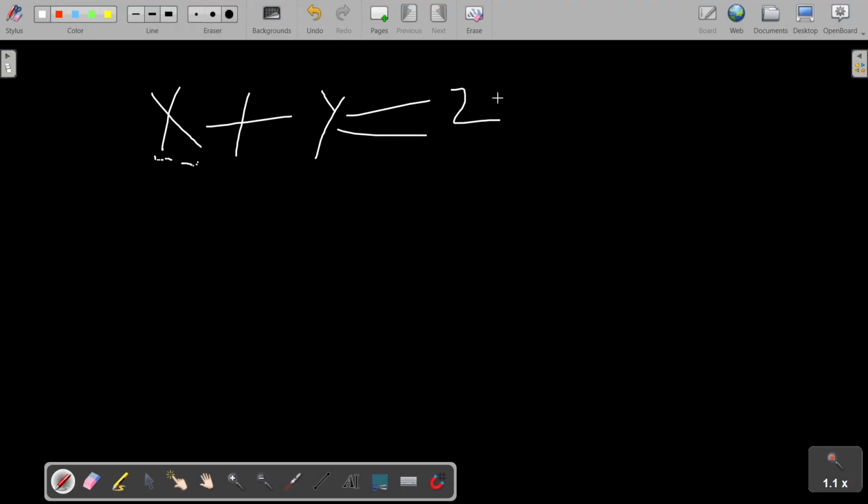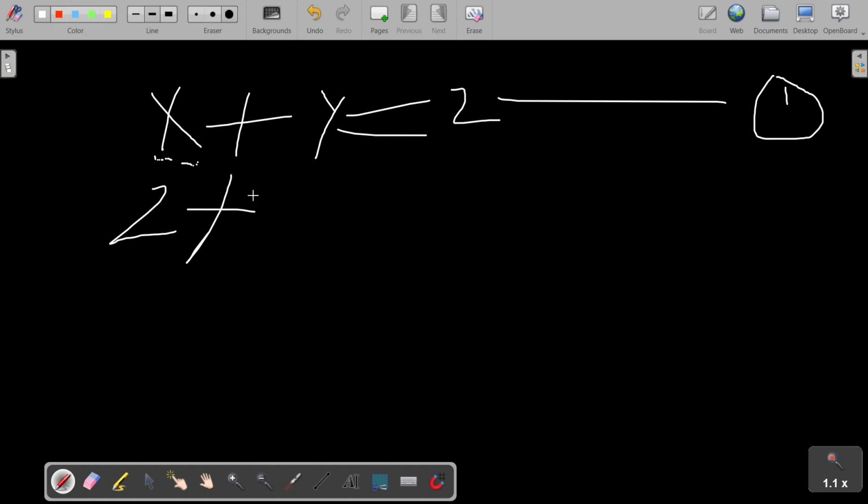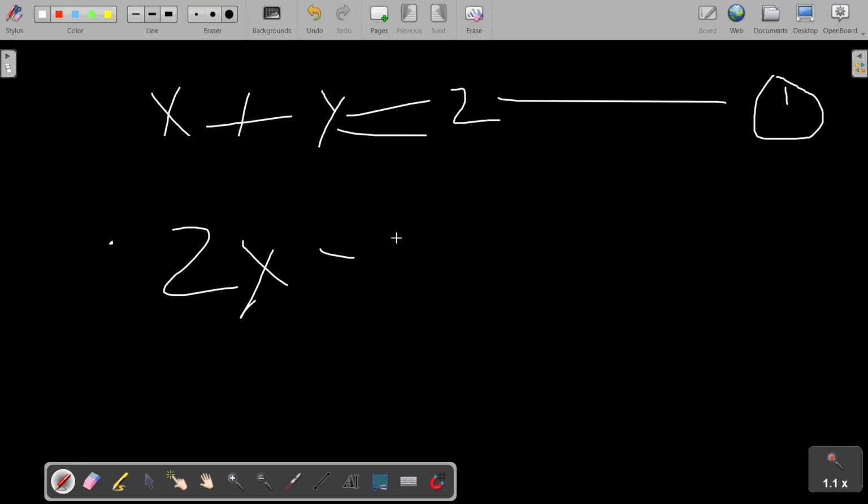This is the equation. I'm writing this as equation number one. And if I write another equation, 2x minus y is equal to 9. Let's say this is equation number 2.